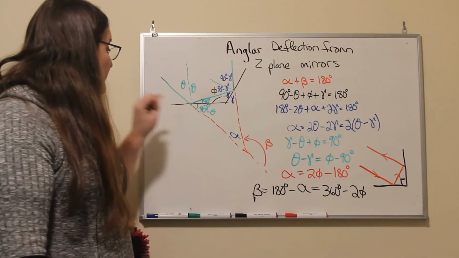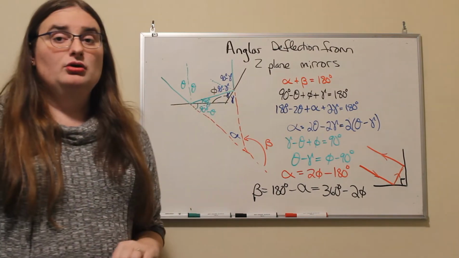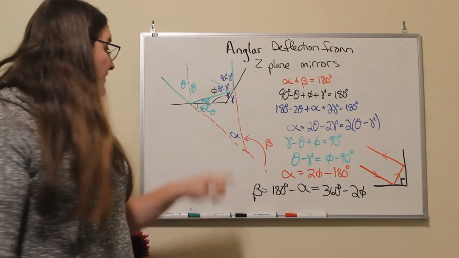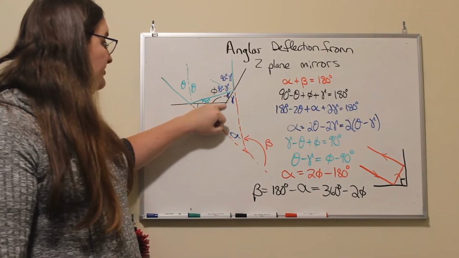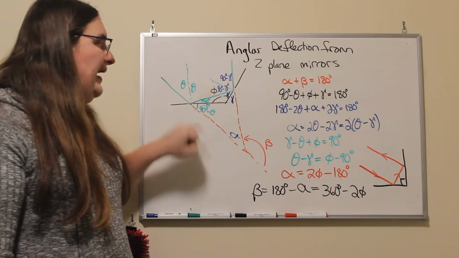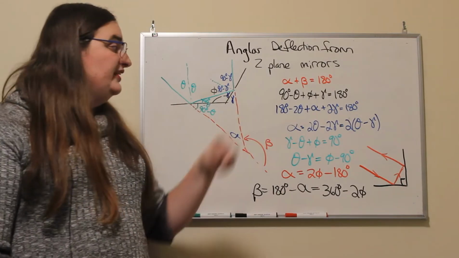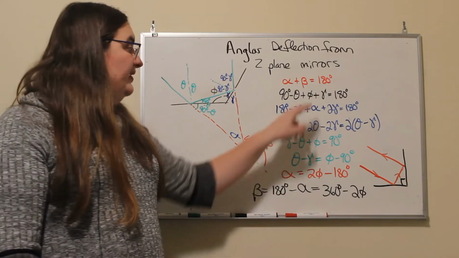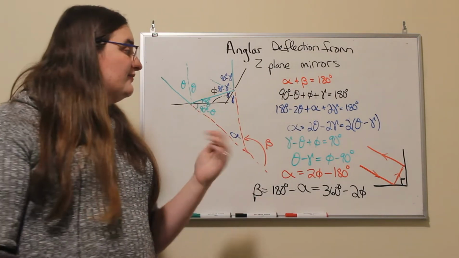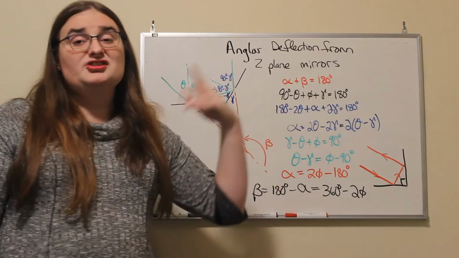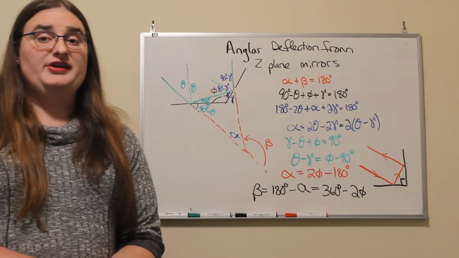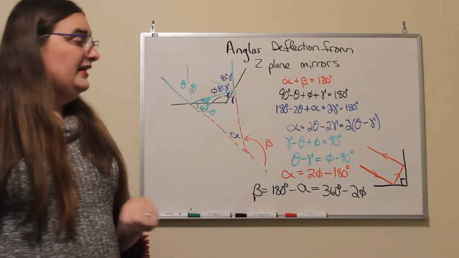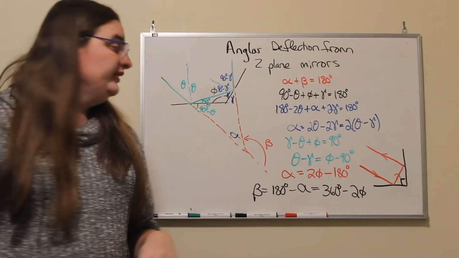Now, there are 2 triangles that I've created. One triangle is going to involve my angle phi. And in this small triangle going from here to there and back, I have an angle of 90 degrees minus theta plus my angle phi plus my angle gamma, and for a triangle, the 3 angles have to add up to 180 degrees. I also have a larger triangle made up with my angle alpha.